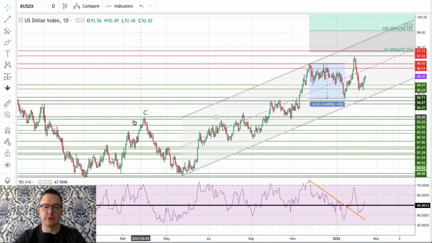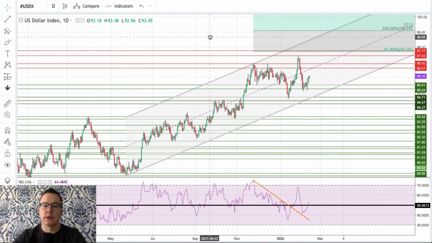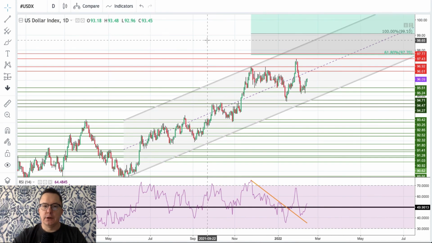Now we don't need it anymore, so let's not get confused. We got this correction of 2.4%, and then of course a nice rebound, so the correction is no longer needed as well. It looks like the stock market is going down, the dollar is going up, gold is going up, and US oil, the crude oil, is going up.